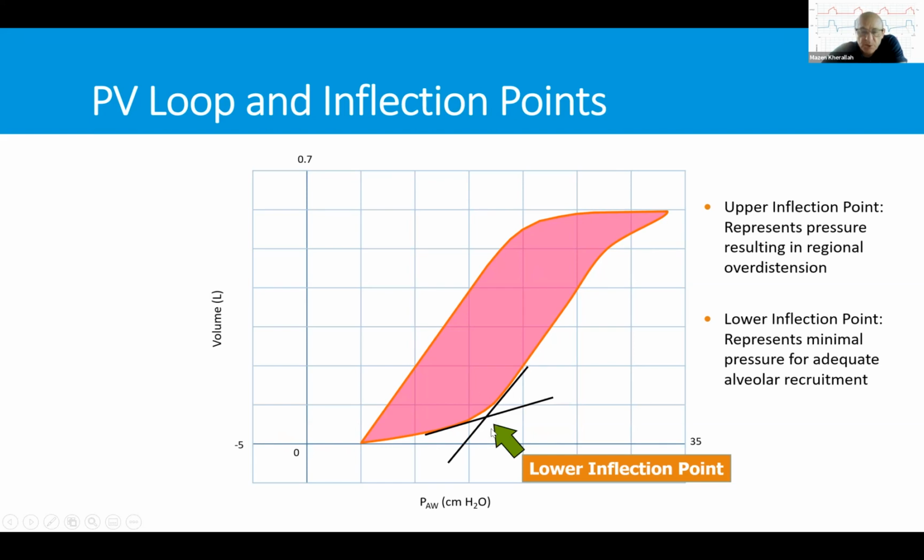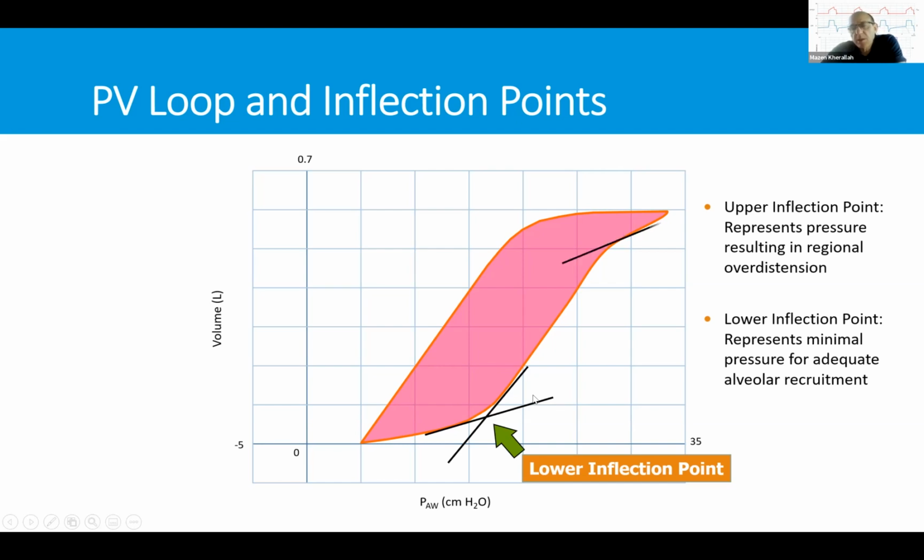You need to determine the level of the PEEP that would prevent the patient from being ventilated below this point. If we do this, then the pressure volume starts from this point here, and then you ventilate the patient this way, and you avoid de-recruiting the lungs.